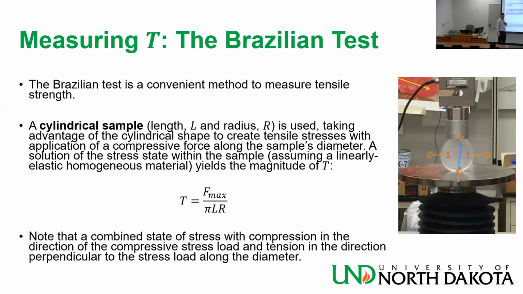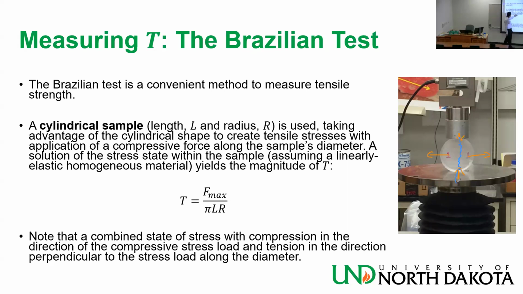And then how do you measure the tension force? Oh, we're gonna see. You measure the compression you apply, you plug it into this equation, and you get the T. Because for a cylindrical sample, with length L and radius R, you take advantage of the cylindrical shape to create tensile stresses with the application of a compressive force along the sample's diameter, that's the top down, and then you break it right and left, right?